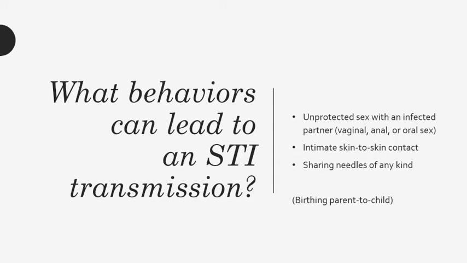This can include sharing needles for drug or substance use, for tattoos, piercings, anything of that nature. And then the last thing that we want to mention is birthing parent to child, also known as mother to child. Although this isn't necessarily a behavior that folks engage in regularly, it is another way that an STI can be passed from person to person.